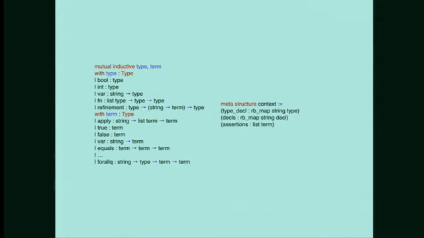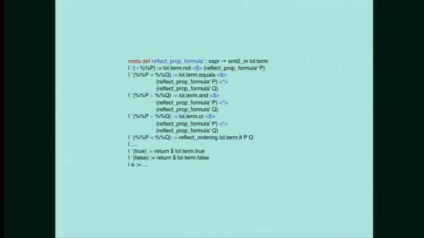You have declarations, and you have a bunch of assertions, right? And then you can write a procedure that reflects Lean expressions in these LOL terms, right? This is for propositions, but it has for arithmetic, for many different kinds of expressions we have in Lean.